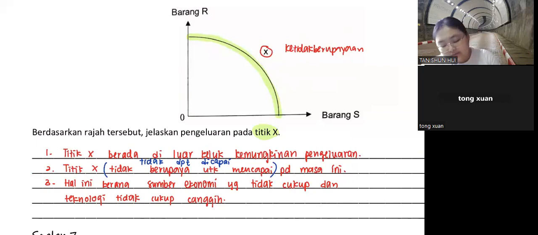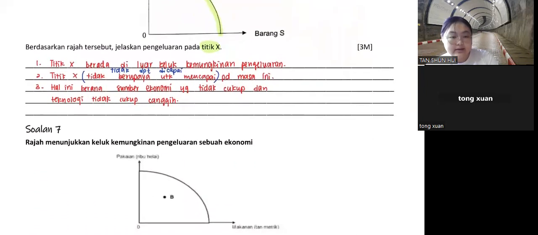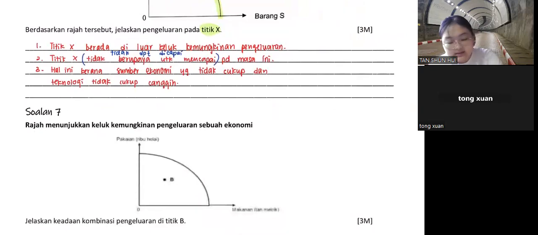Now, if outside, then definitely they can ask you inside. Right? If it's inside, this is your keluk and it is inside. They ask you jelaskan keadaan kombinasi keluaran di titik B. So you got to tell me, inside means what?